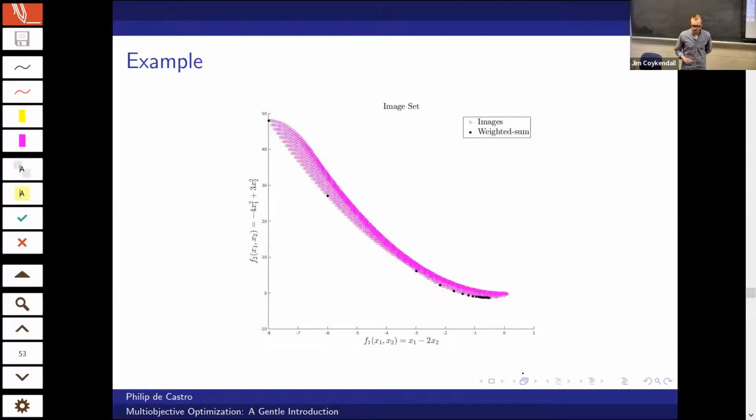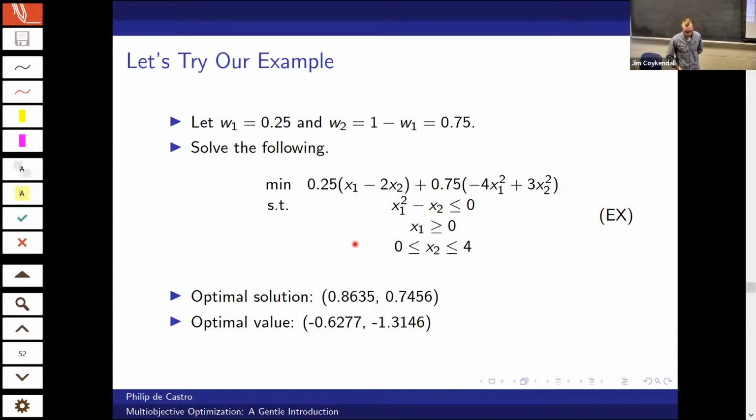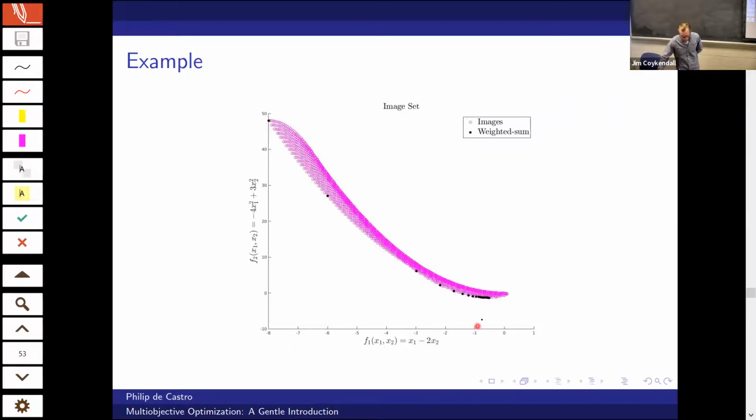So here on the graph is our image set. I solved this for quite a lot of different weights. I did it for 7 weights for the weighted sum method, and somewhere over here is the point that we found.